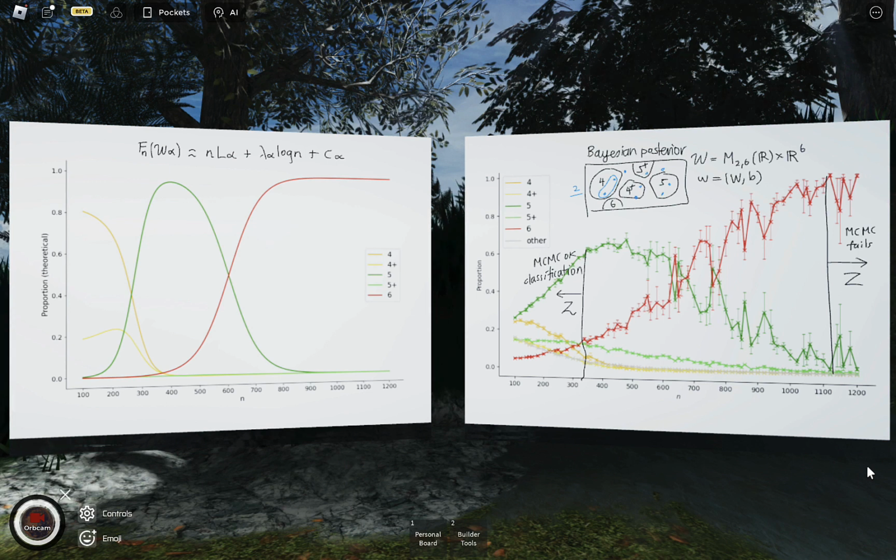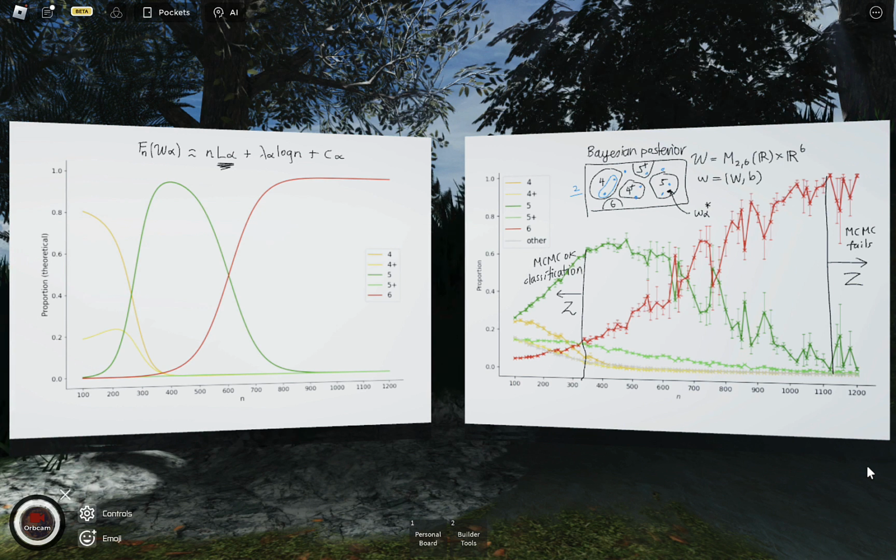So theoretically we can compute this because we can find the critical points that we think should be responsible for the phase. In each of these regions there's some special point which you could call W alpha star.